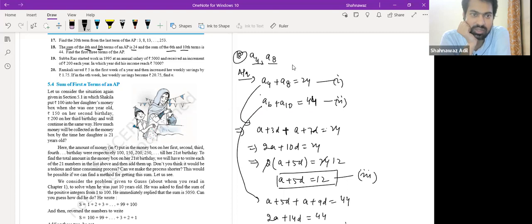So question 19 I'll ask Rizwan and 20 Shan, because I have asked so many questions in AP and tutor. So you guys just quickly note it down.